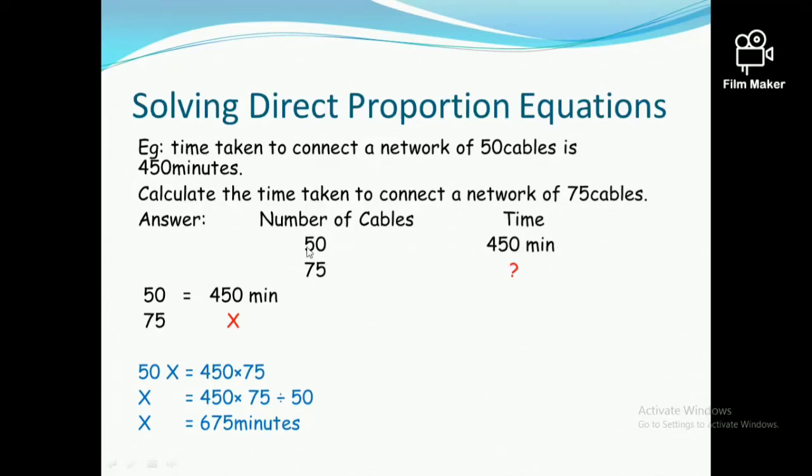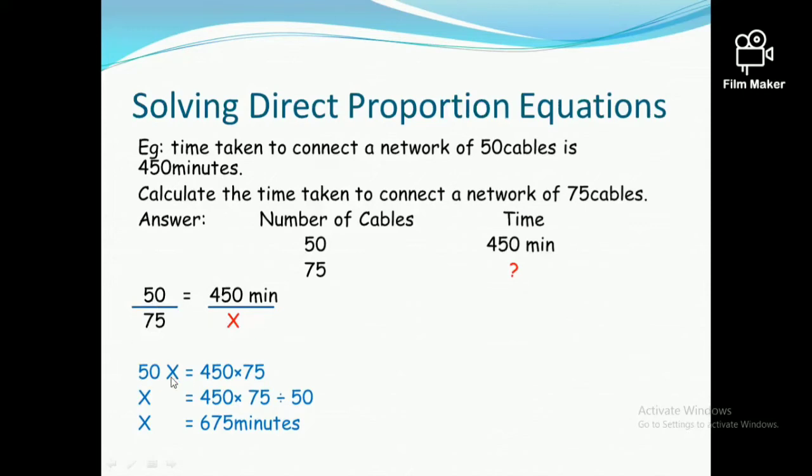Then write 50, 450. Put an equal. Then below that write 75, we don't know this amount. Then label it as x. Then put a fraction. Let us cross multiply. 50 into x, it's 50x. On the other side of the equal mark, 75 into 450. This is called cross multiplication.